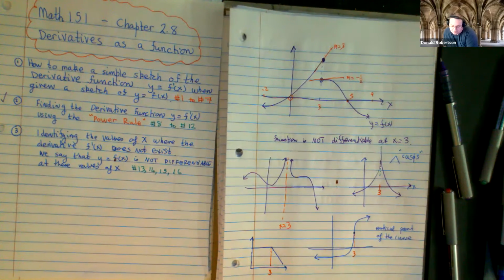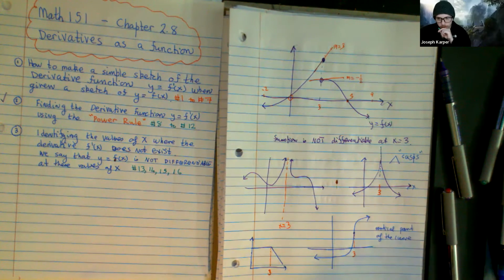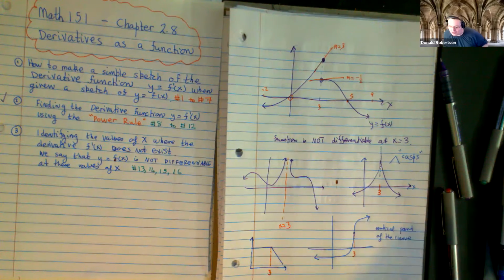Just one more. What's the problem with this function at x equals 3? Because it's not differentiable. What's the problem at 3? A cusp. Yeah, well, you could call it a cusp, but you shouldn't.